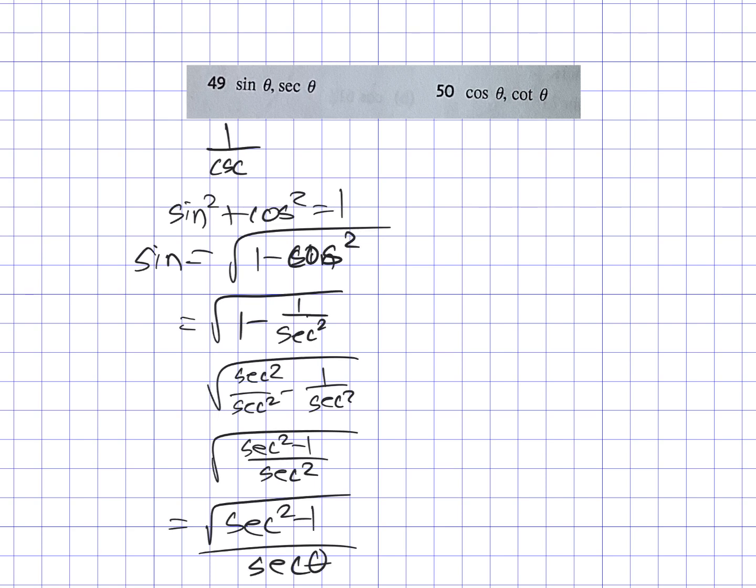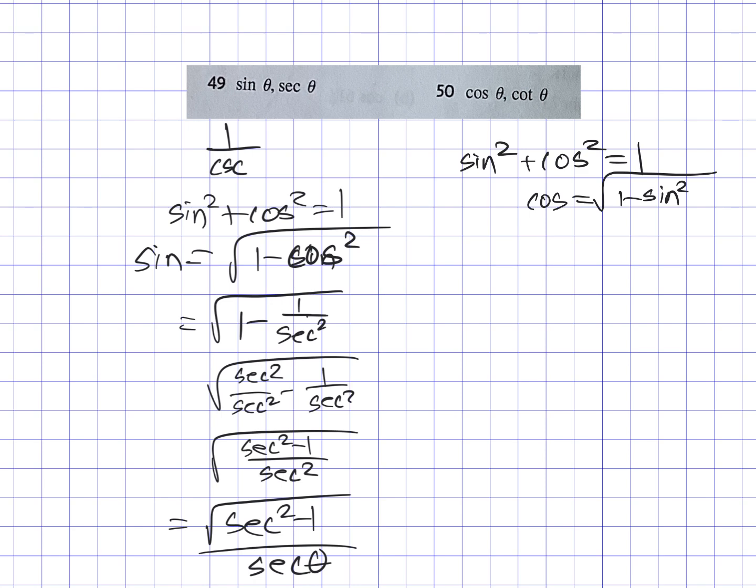Okay, so on this one, again, we're going to start with the Pythagorean identity and isolate the cosine. So 1 minus the sine squared, but notice you have to take the square root to get rid of the cosine squared. Now, sine squared is the same thing as 1 over the cosecant squared.